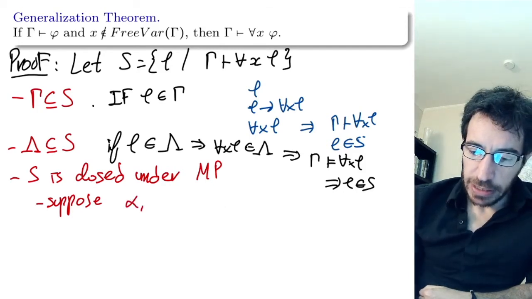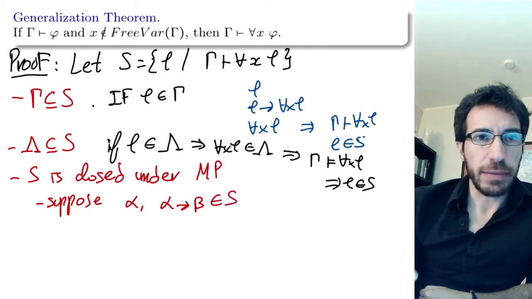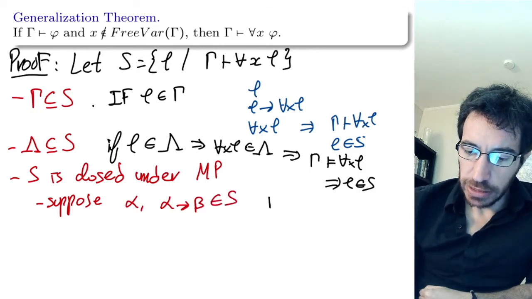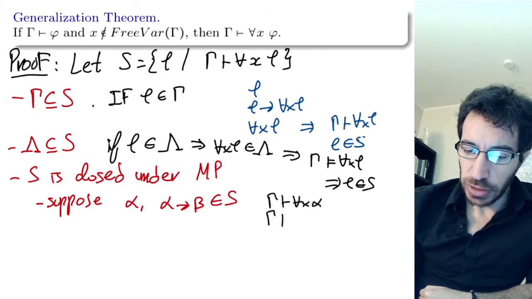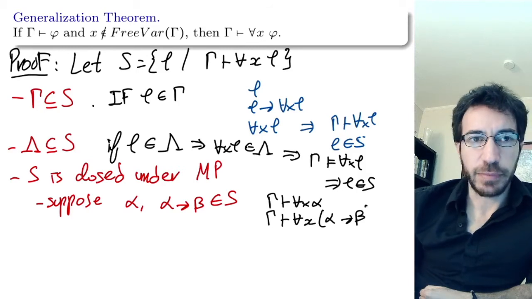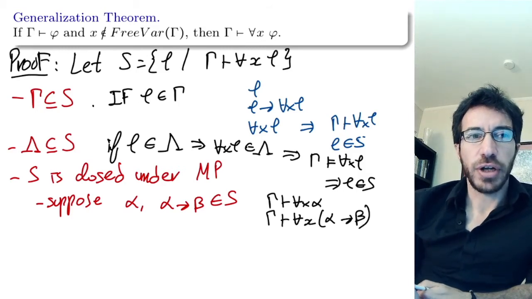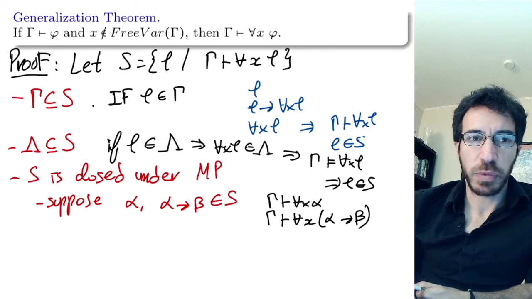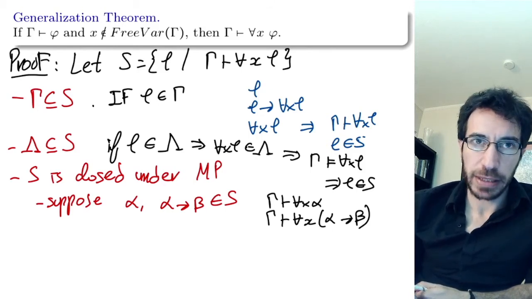Suppose that alpha and alpha implies beta belong to S. So that means that we have two deductions, one that gamma shows for every x alpha and another one that shows that for every x alpha implies beta. Okay? So now we want to show that beta is in S, so we want to show a deduction of for every x beta.